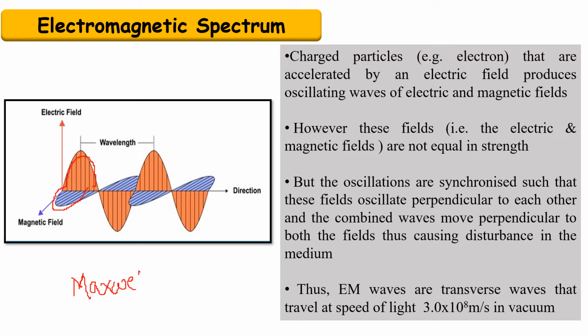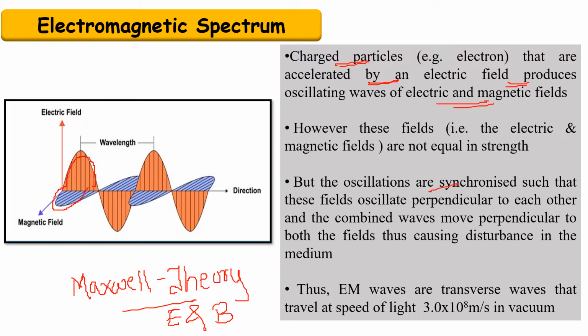In your higher grades, you will learn the equations which give the relation between electric field and magnetic field. Right now you need to understand that any charged particle when accelerated will produce electric and magnetic fields which are perpendicular to each other and perpendicular to the direction of their propagation.